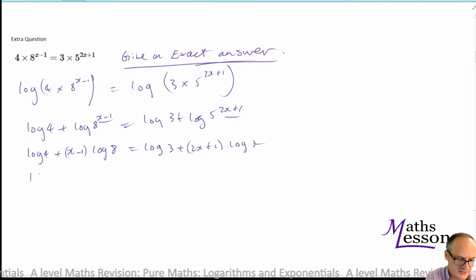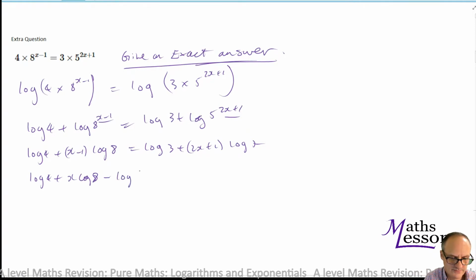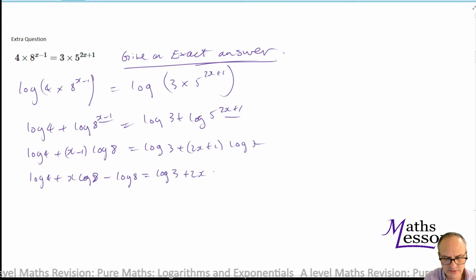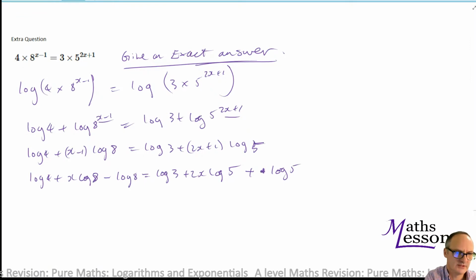Multiply out the brackets, so we get log of 4 plus x log of 8 minus log of 8 equals log of 3 plus 2x log of 5 plus 1 times log of 5. So we get rid of that one, we don't need it.